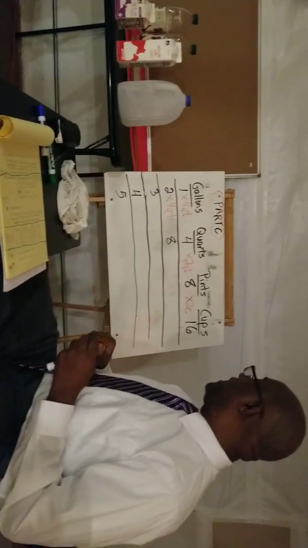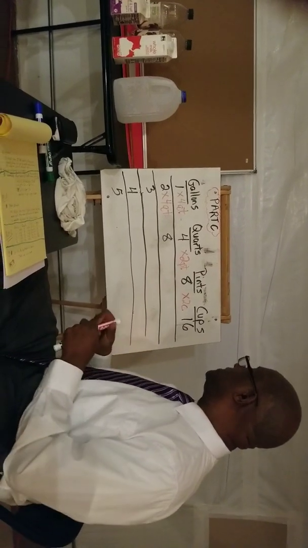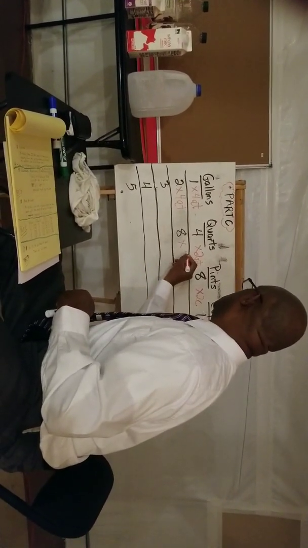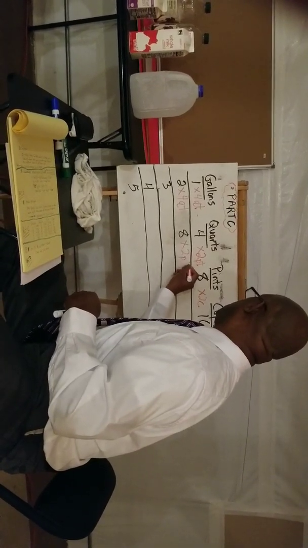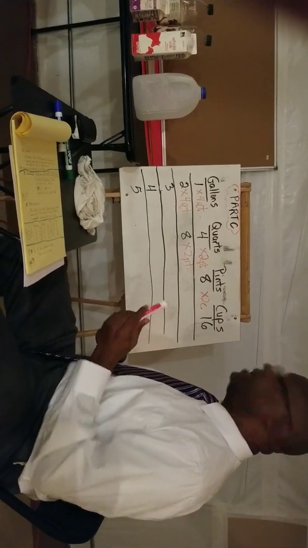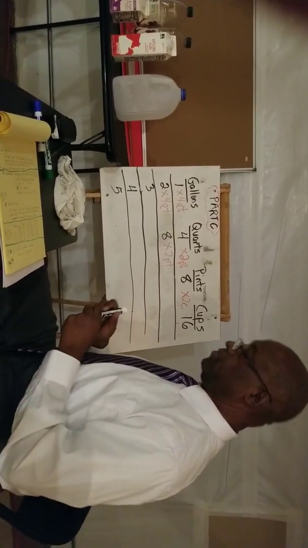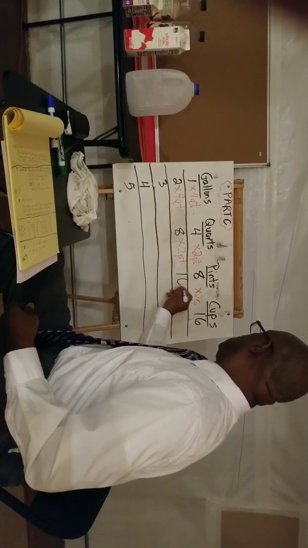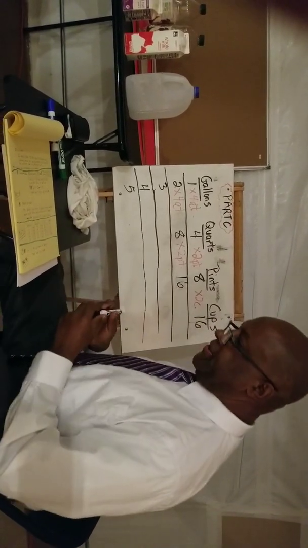We also know that there are 2 pints in every quart. So if we multiply 8 quarts times 2 pints, right? That would give you 16 pints.